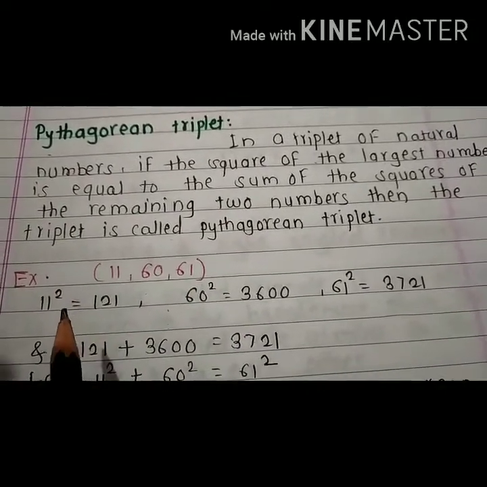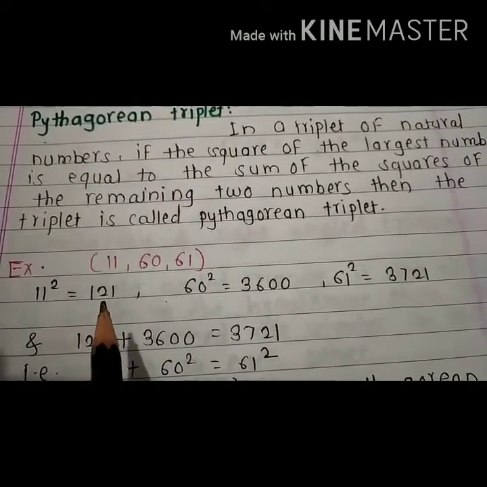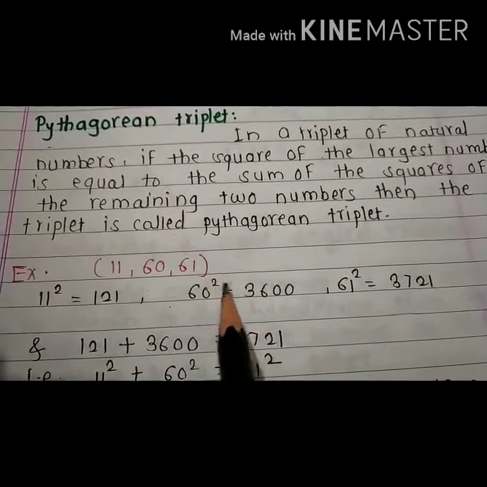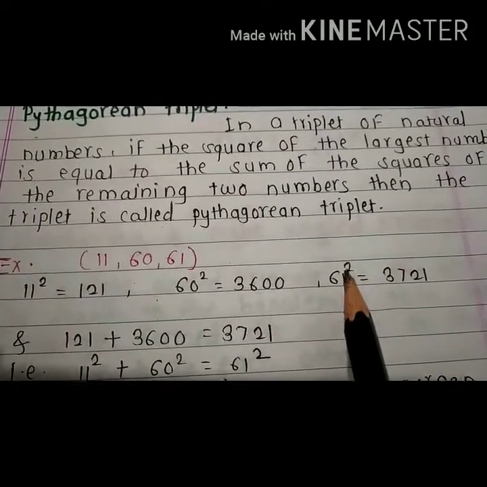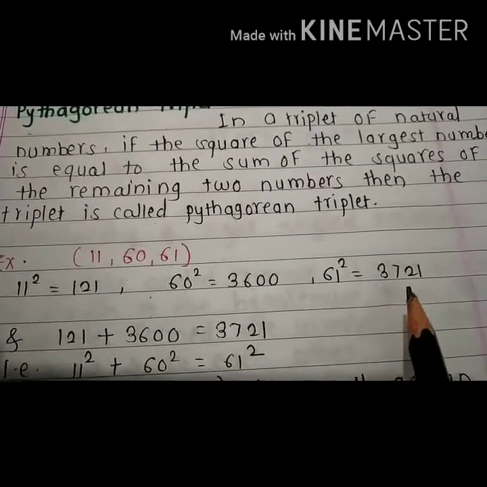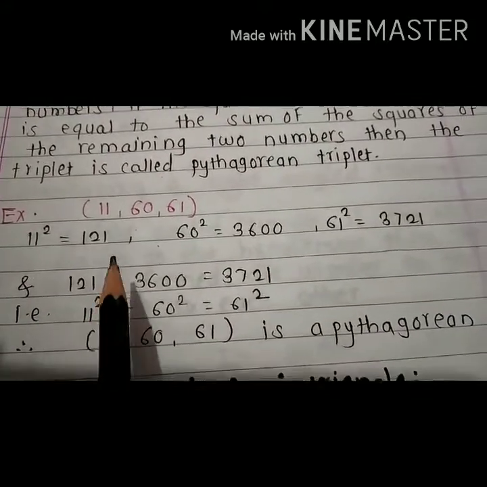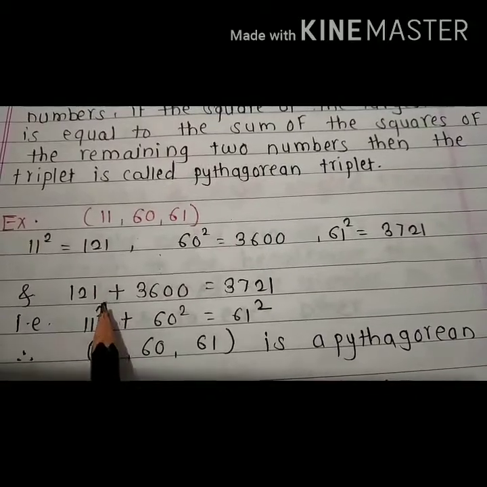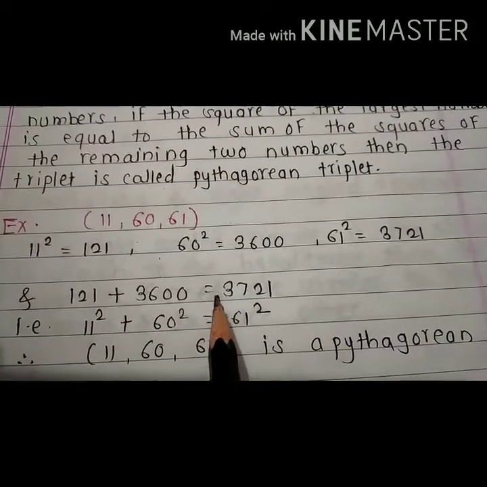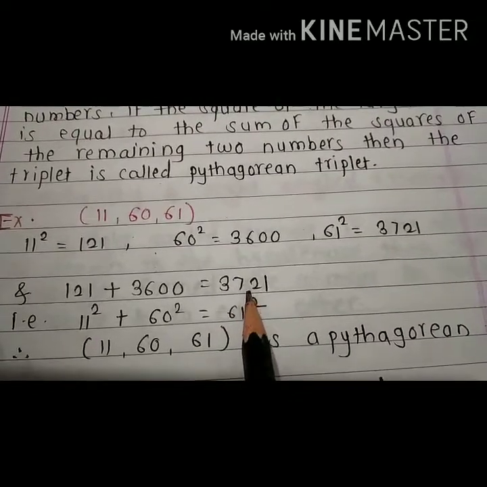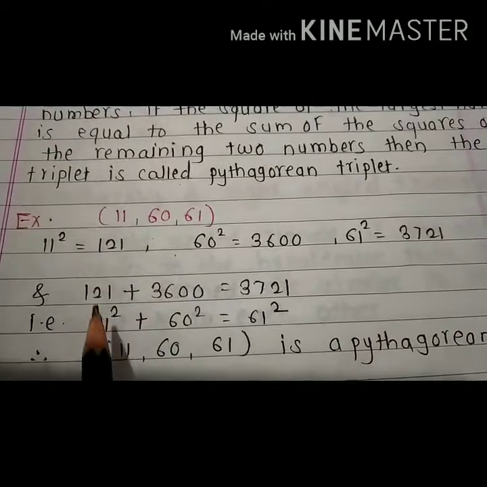First of all, we square the numbers. 11 square is equal to 121, 60 square is 3600, and 61 square is 3721. And if we observe, if we add 121 and 3600, it is equal to 3721. 121 is nothing but the square of 11.